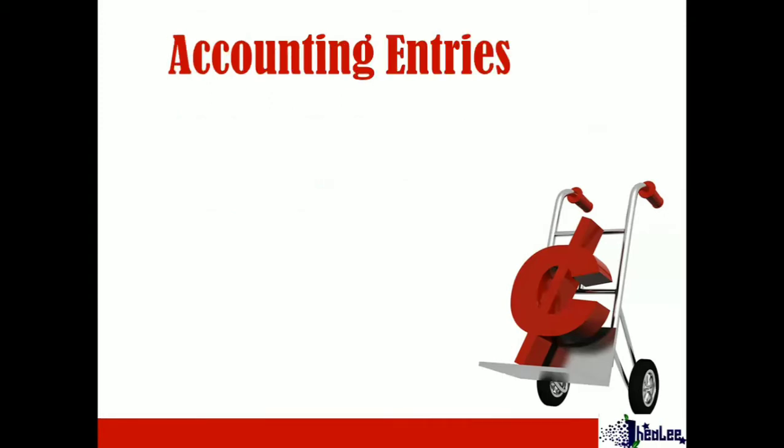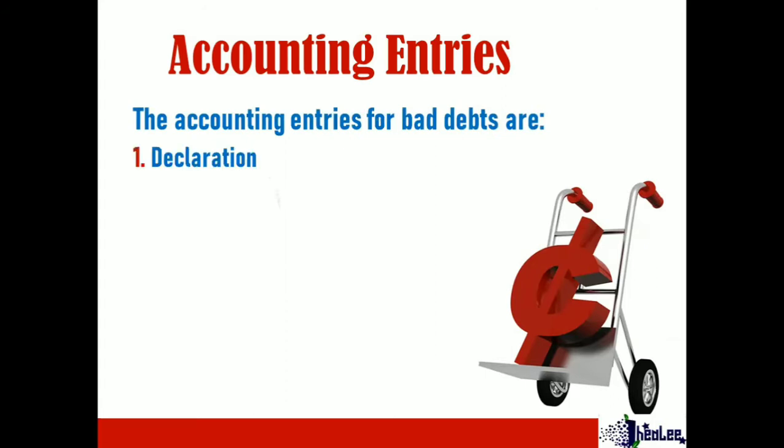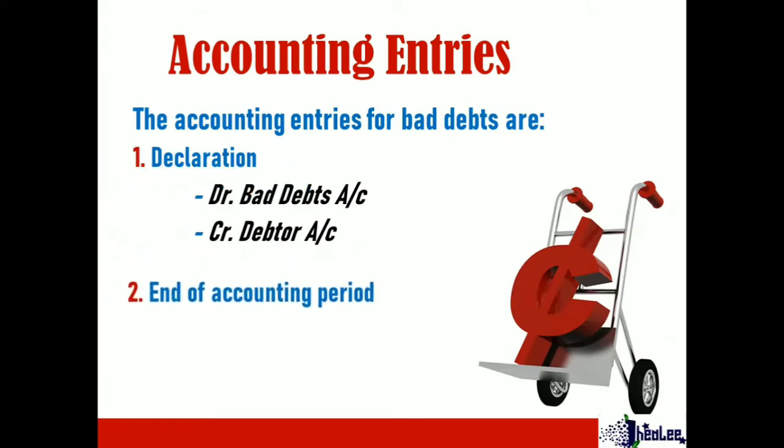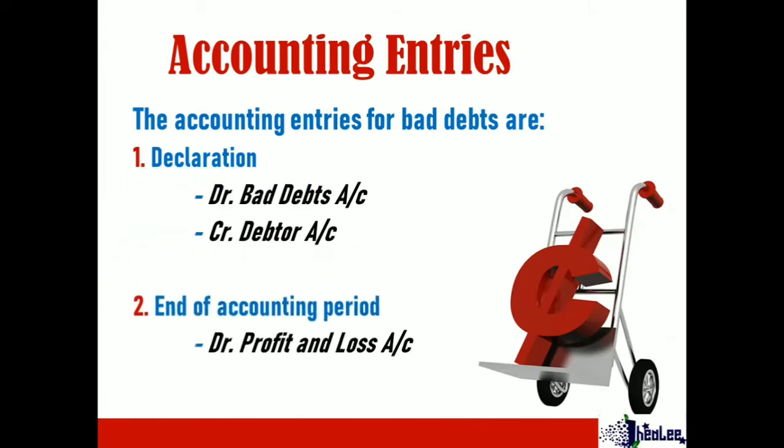But before we go into an example, you need to recall the accounting entries. And these are upon declaration, the bad debt account should be debited while your customer, which is your debtor, which is your trade receivable account, should be credited. At the end of the accounting period, you debit your profit and loss account.